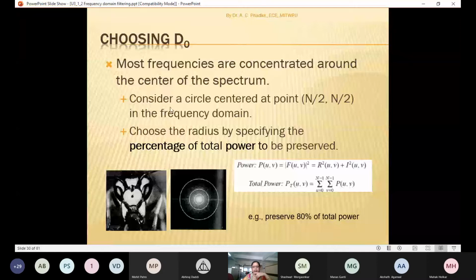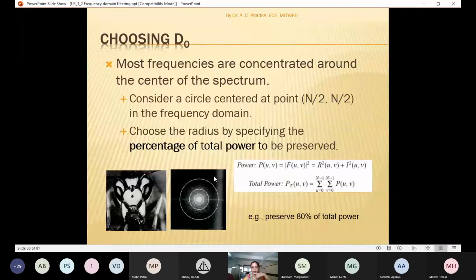Okay, and hence we can use a circle which covers all these low frequencies. So if we consider a circle centered at the point N/2, N/2 in this particular frequency domain picture, so we have applied the Fourier transform on this image, and now we are deciding what radius D0 to choose.